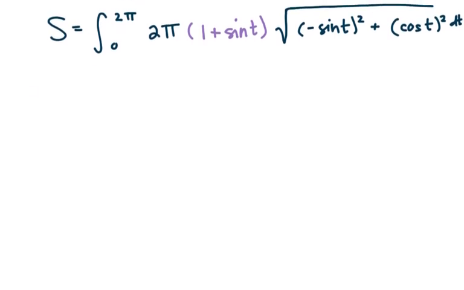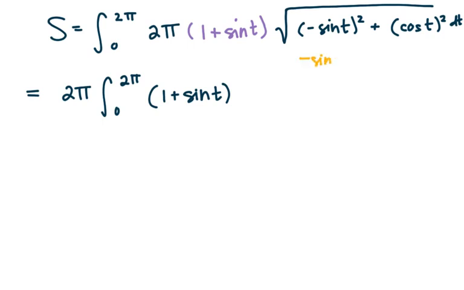All right, so now let's simplify this. For my surface area of revolution, I can pull that 2 pi out in front because it's a constant. So I've got 2 pi, integral from 0 to 2 pi, of 1 plus sine of t. Now, looking at what we have under the radical, negative sine of t squared, you're squaring a negative, that's the same as sine squared t plus cosine squared t.